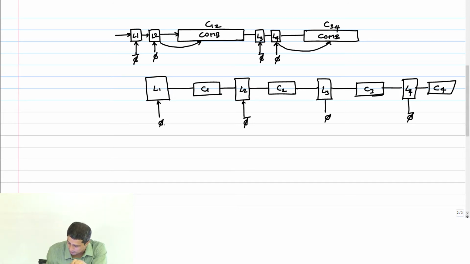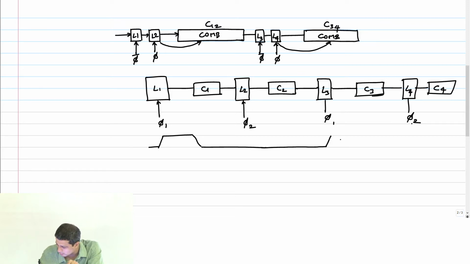So instead of phi and phi bar, people call it phi 1, phi 2, phi 1, phi 2. How does the timing look? You just get something like this. Phi 1, phi 2.